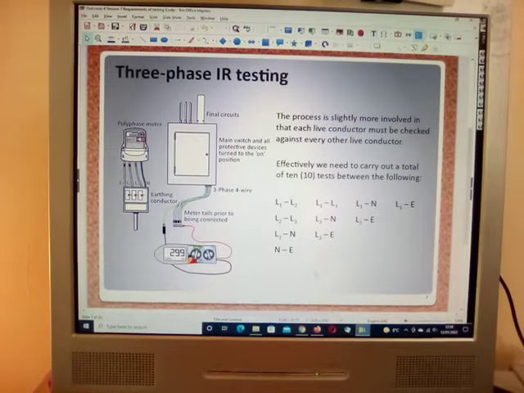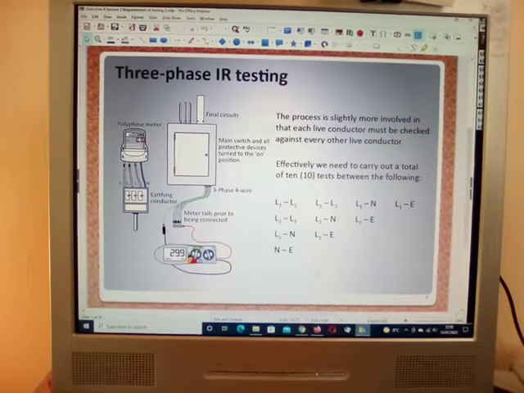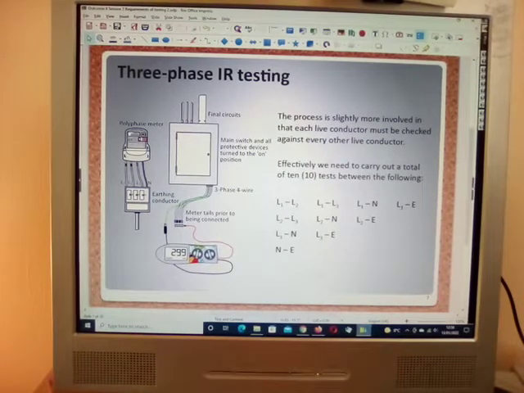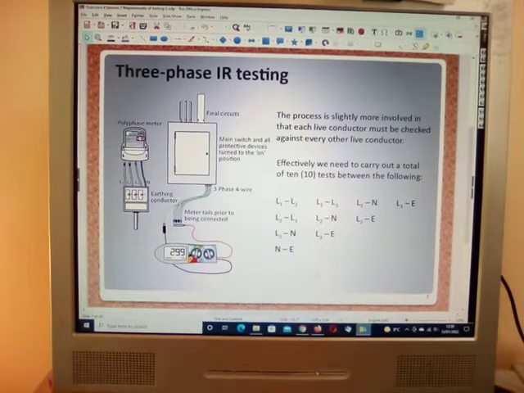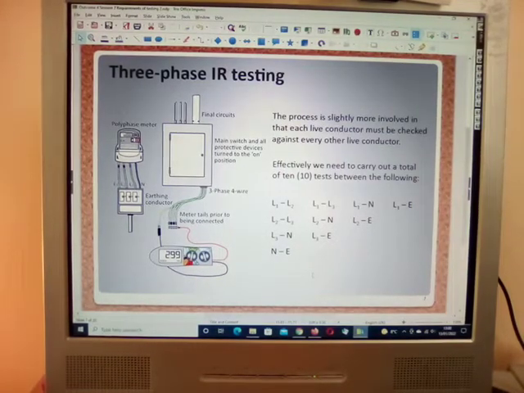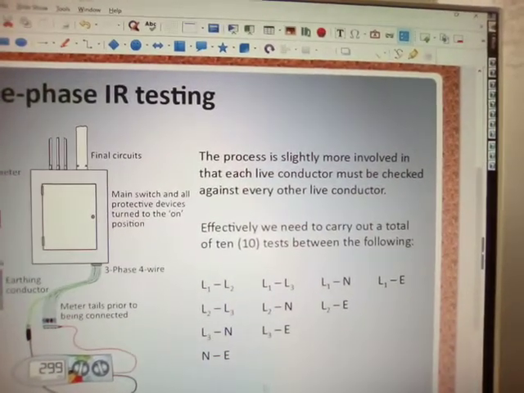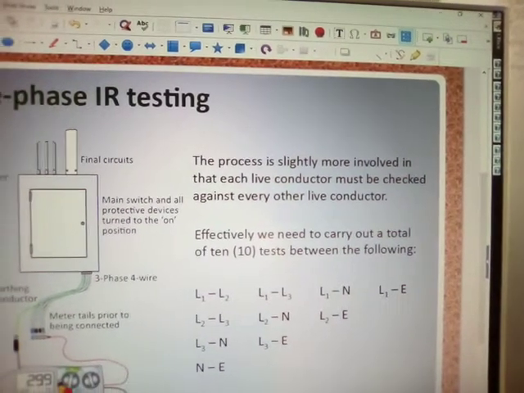Make sure that you have complied with the IET regulations, and that any new methods of application in reference to three-phase testing are implemented in respect of your current regulations. And here it's telling you the tests to be carried out between the relevant conductors.